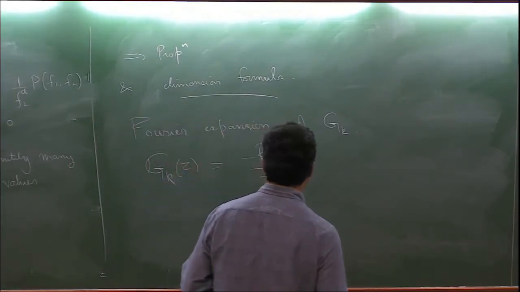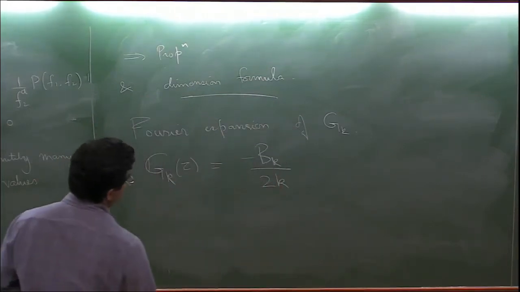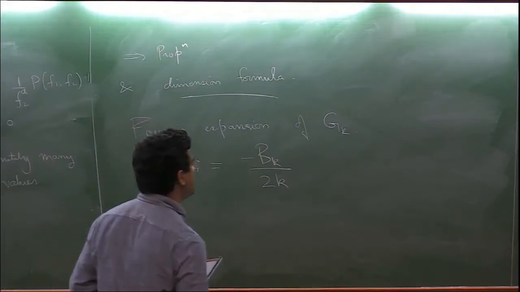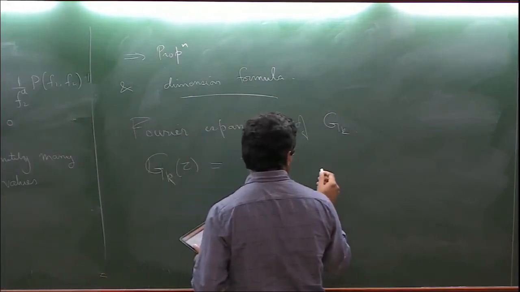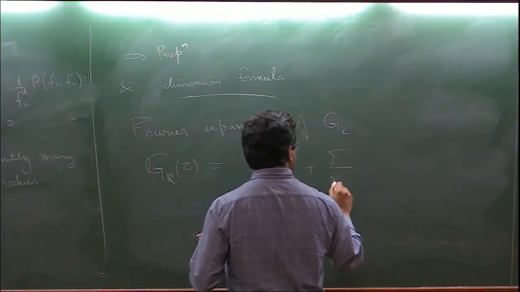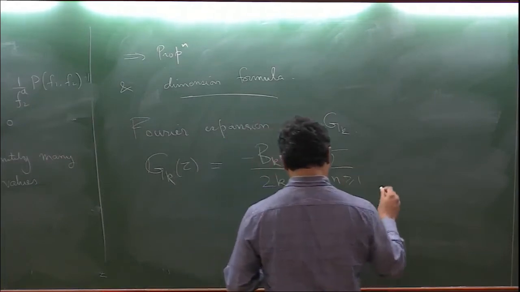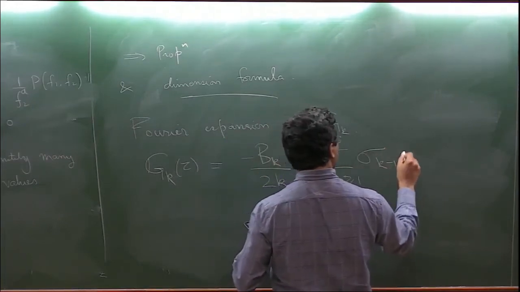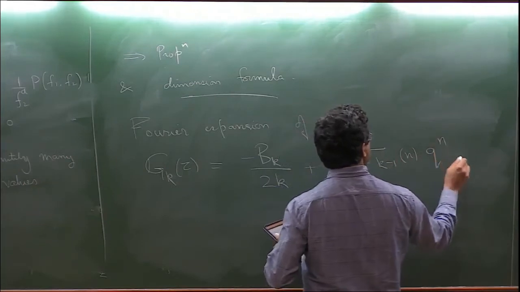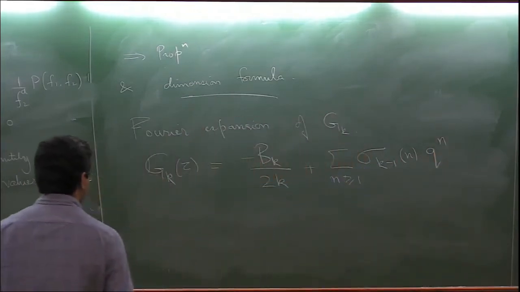So the constant term is a Bernoulli number divided by minus 2k, plus some non-constant terms. And what is bk?